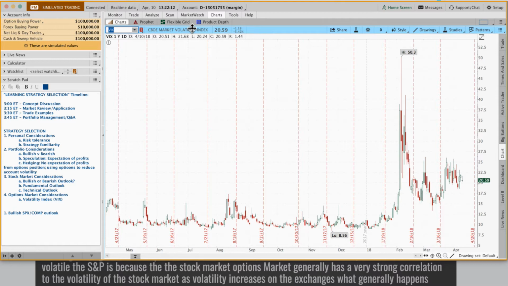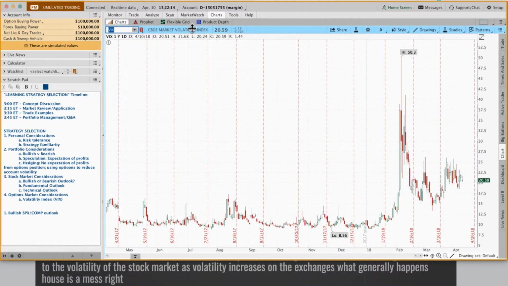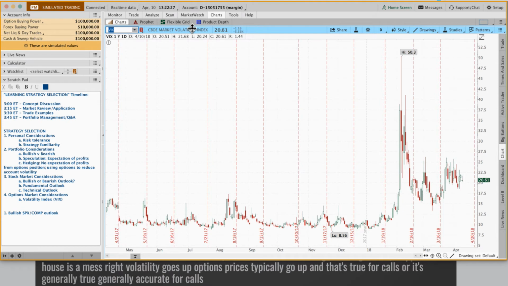Yeah, William's already doing a little bit of technical analysis on this, right? But as volatility goes up, options prices typically go up. And that's generally accurate for calls and for puts.